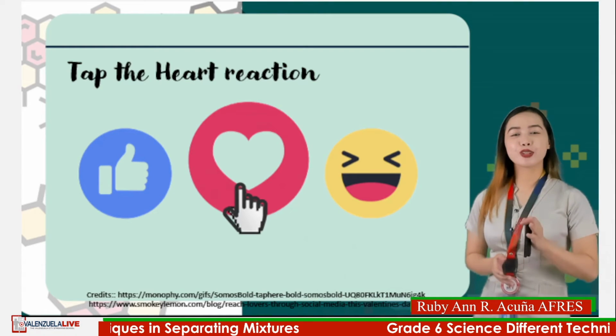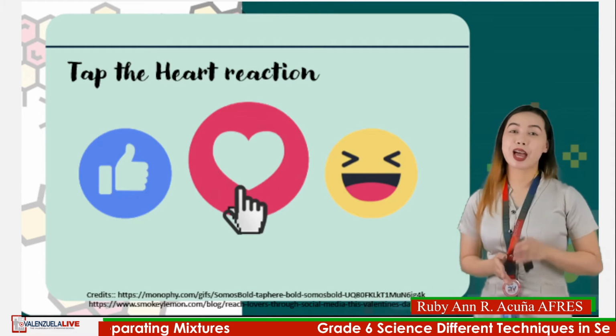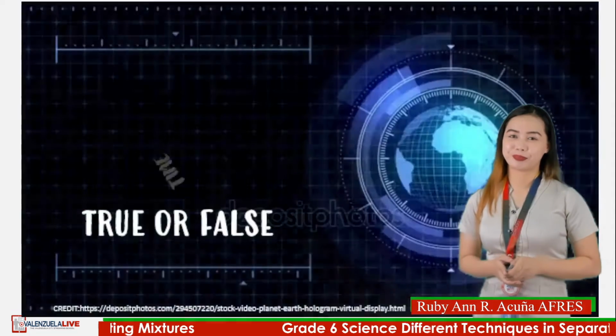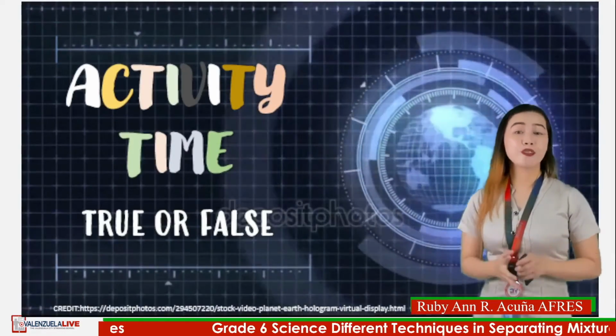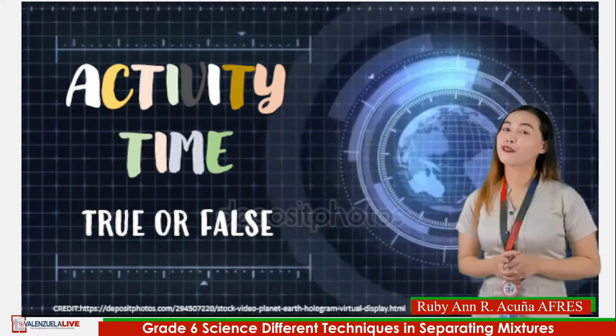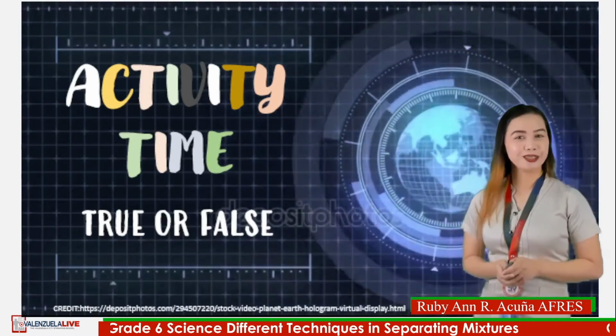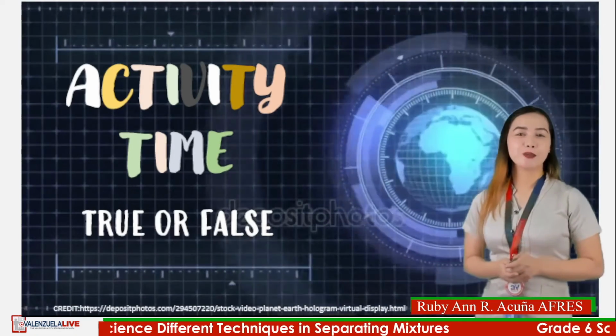And for us to test our understanding about separating mixtures, let us have this activity. Comment down the word true if the statement is true and false if it is false. Are you ready? So we have here our first statement.